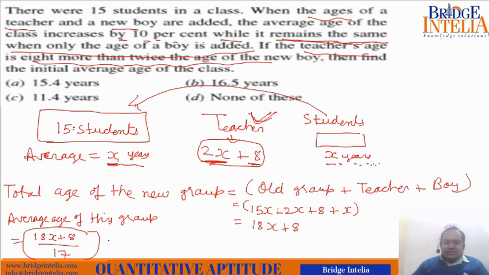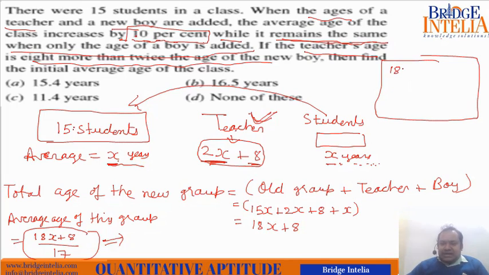As per the given data, the average increases by 10%. So this new average, (18x + 8)/17, is 10% more, that means 1.1x. Earlier it was x, and if you increase x by 10%, it becomes 1.1x. So let's solve this and see what the value of x is.